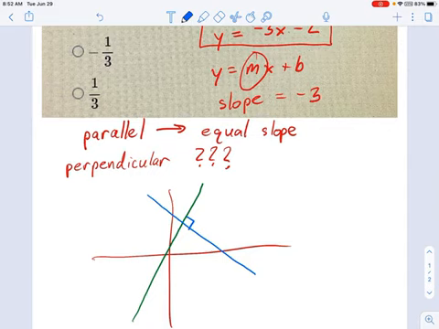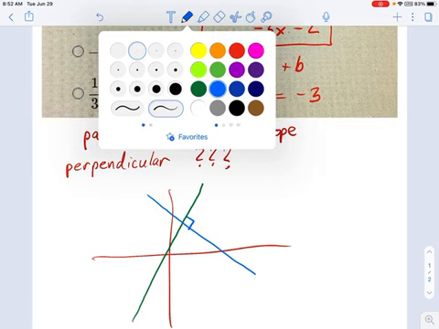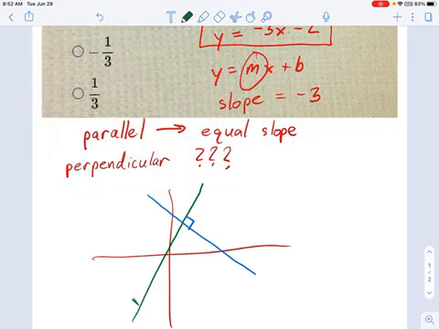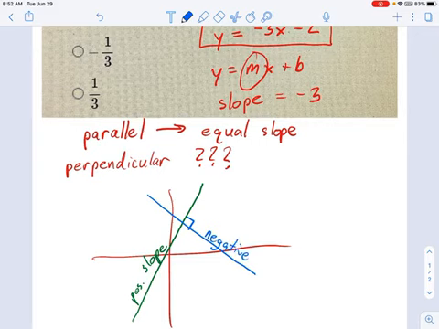Whereas one line has positive slope, the other line is going to have negative slope. So you can see there's a sign change between these two lines. And the other thing is that where one line is fairly steep, the other line is fairly shallow.